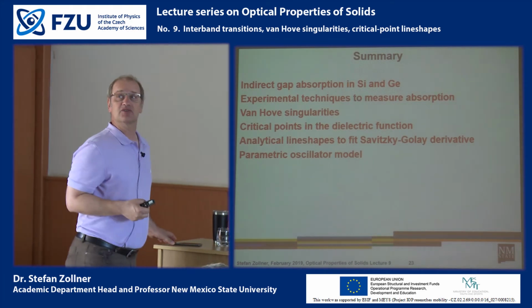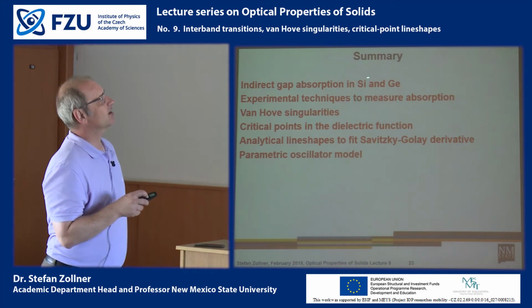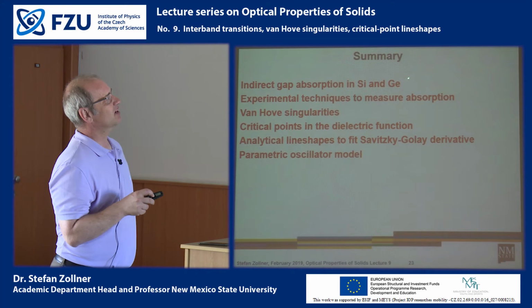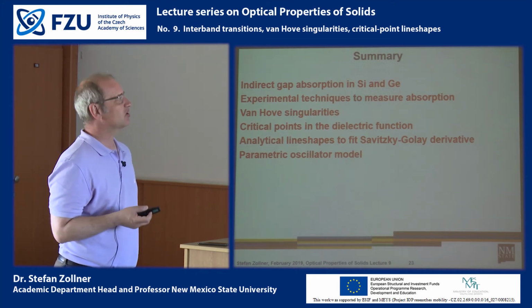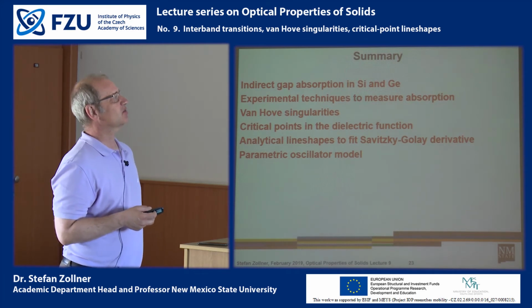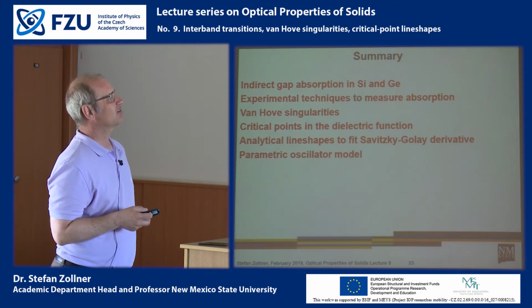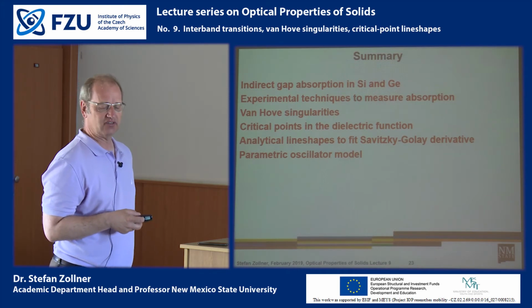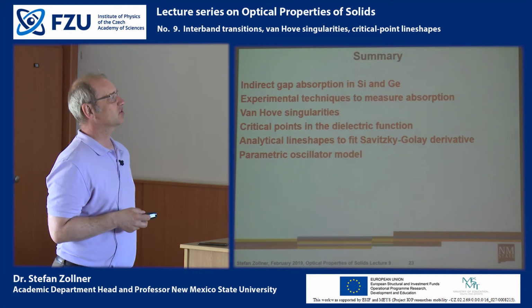So here's my summary. We've talked about indirect gaps in silicon and germanium, and we've asked which phonons are important and how do we determine that. And we've talked about various experimental techniques to measure absorption coefficients. And then in the second half, we talked about Van Hove singularities in the joint density of states and how they appear as critical points in the dielectric function.